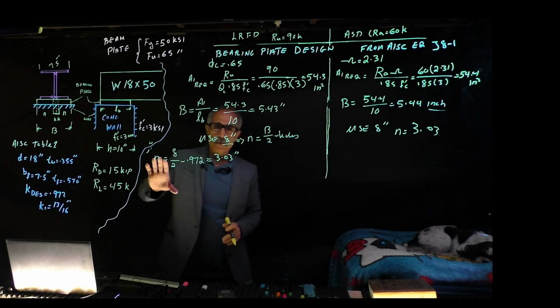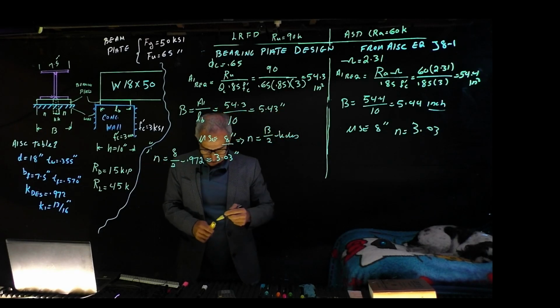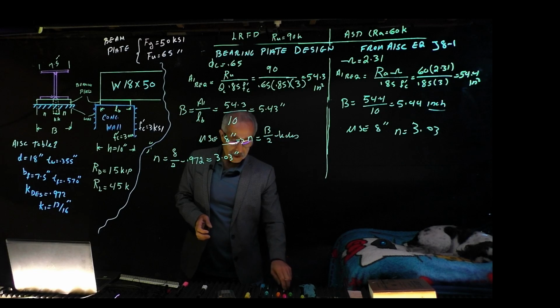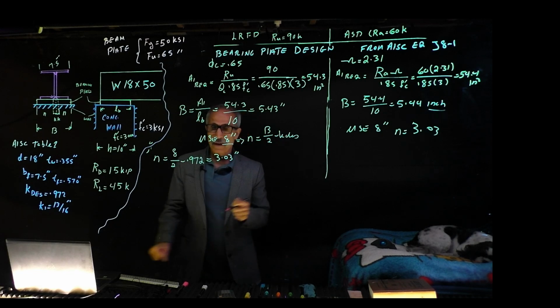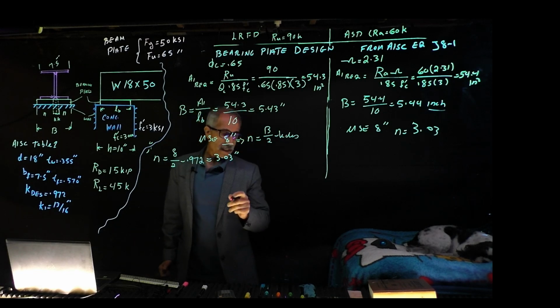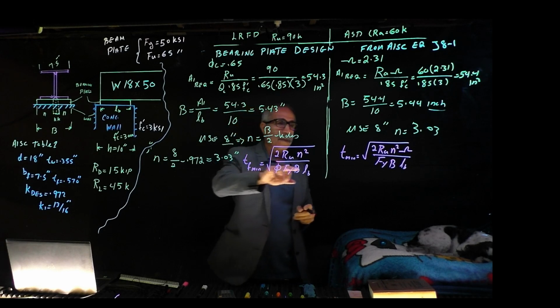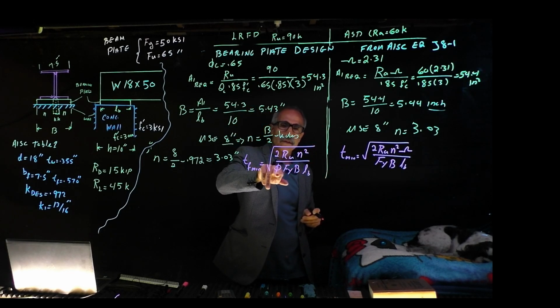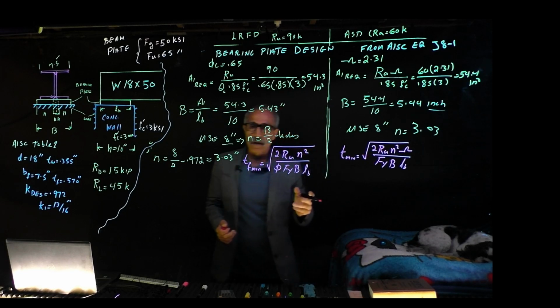We're going to go ahead and calculate the thickness. The equation for allowable stress design and load resistance factor design are pretty similar. One has a phi factor, and the other one has an omega. Let's plug in.